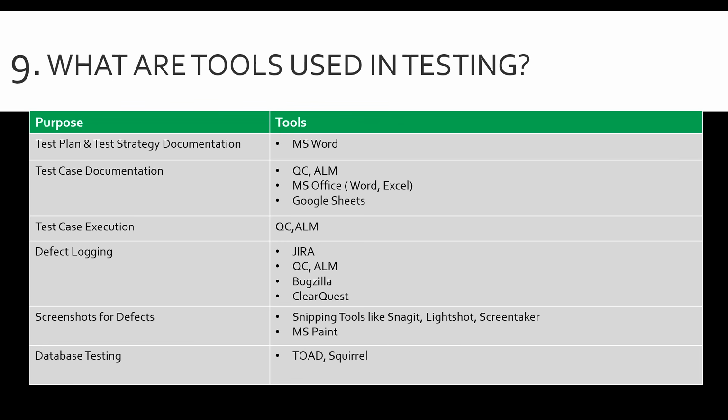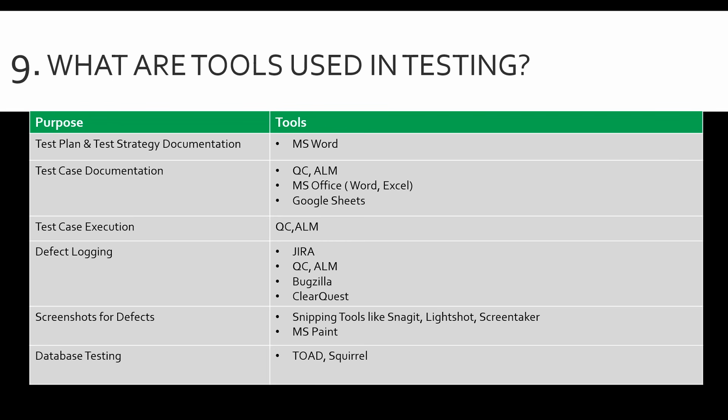And then the test cases documentation, the test cases which we discussed, is done using QC or ALM. So these are the tools used. If there's no tool used, then it will be just MS Office, which is Excel, and Google Sheets if the company doesn't use Office and just wants to use the Google Suite.